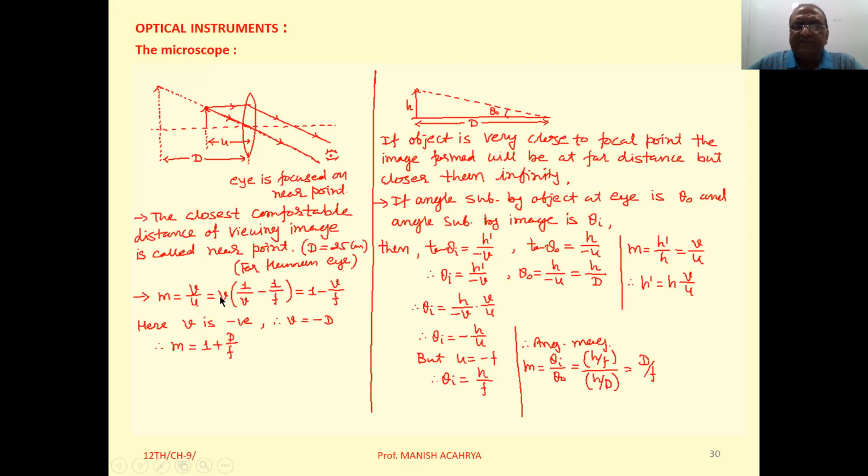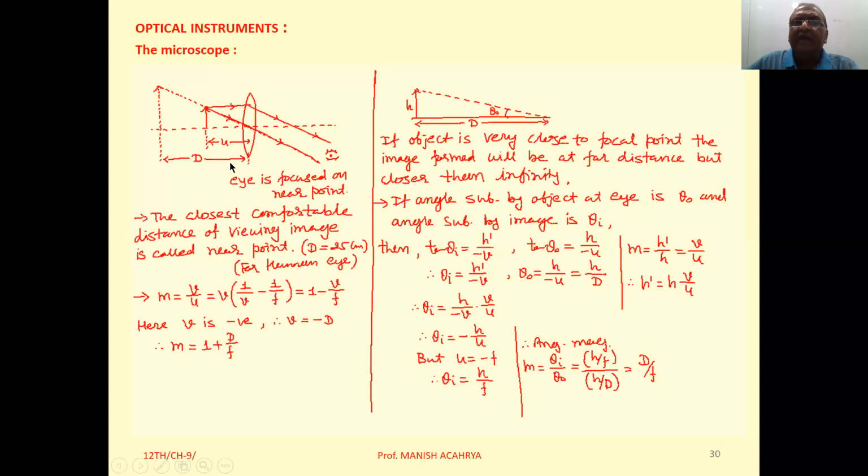Now take this V inside the bracket, so we can write magnification M equal to 1 minus V by F.